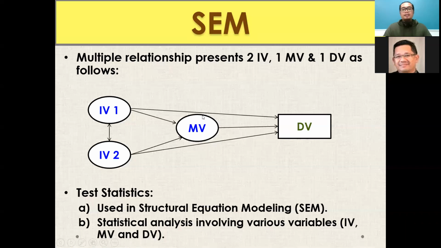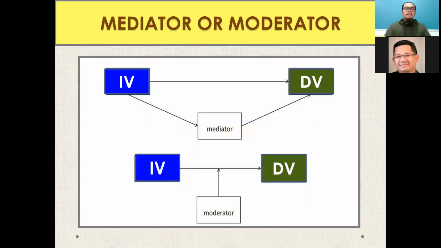So MV represents the mediating or moderating variable to measure the indirect effect. We apply the mediator or moderator to measure the effect between IV1 with DV and IV2 with DV.